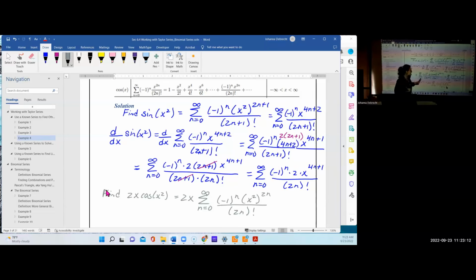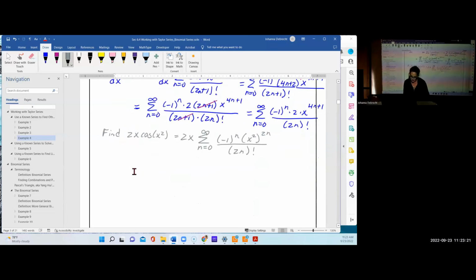Now, x to the second power raised to the 2n power, 1 base, 2 power, so you multiply the powers, which will give me the 4n power. So this gives me as the next step 2x times the sum from 0 to infinity of -1 to the n, x to the 4n over 2n quantity factorial. Now, the 2 is a constant and the x does not depend on the index n, so these can be pulled inside.